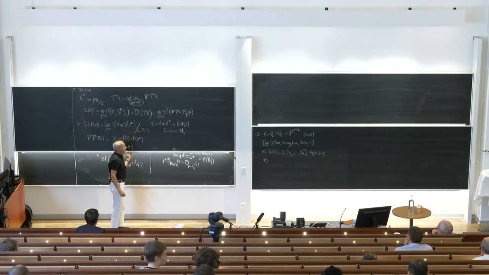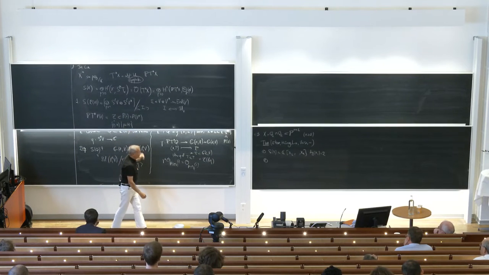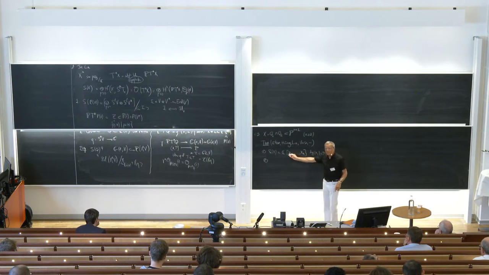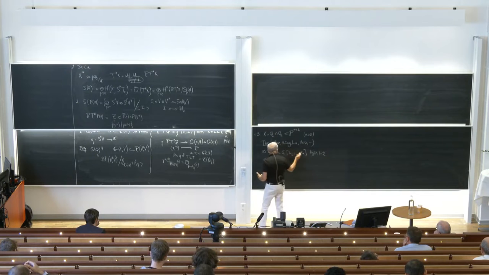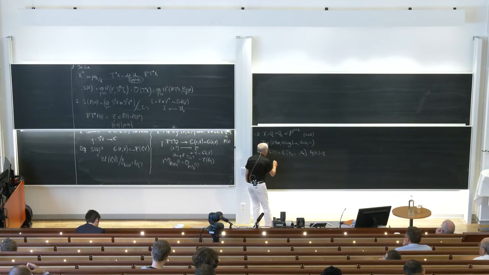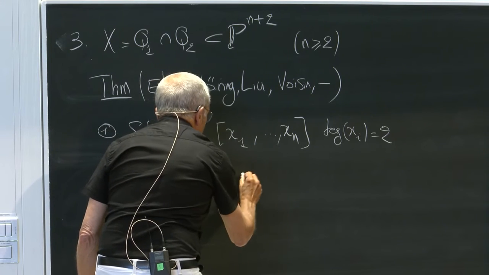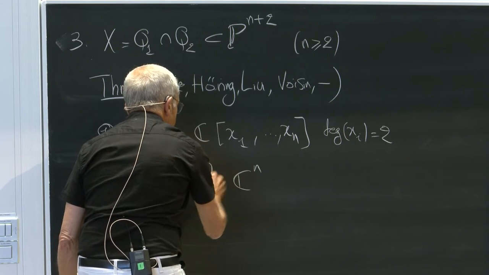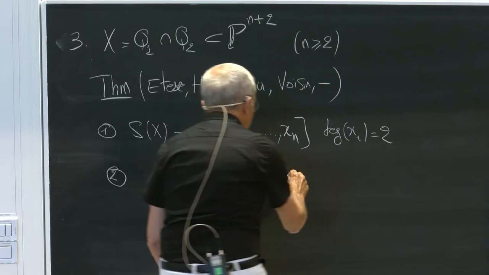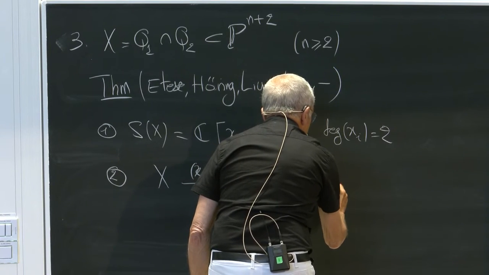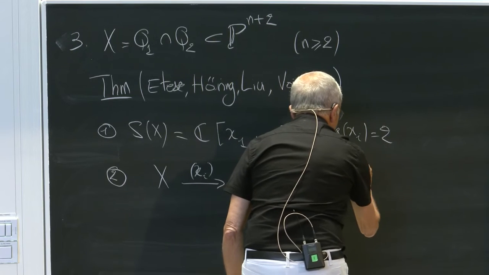There is a canonical symplectic form on T star X. And then, when you have a polynomial algebra like that, you wonder what is the map from T star X to C^n given by the x_i. And I claim that this is a Lagrangian fibration.